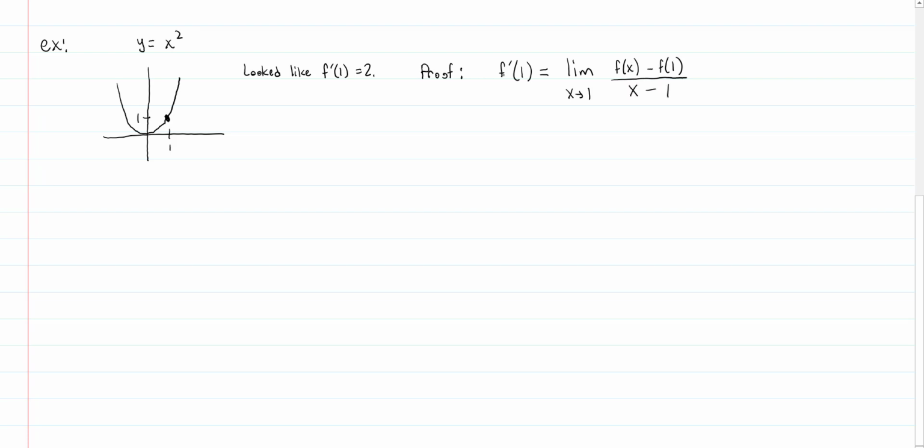All right, so recall f prime of a was the limit as x approaches a of f of x minus f of a over x minus a. And all I've done is I've plugged in 1 for all the a's. All right, so we have a limit that we're trying to compute.